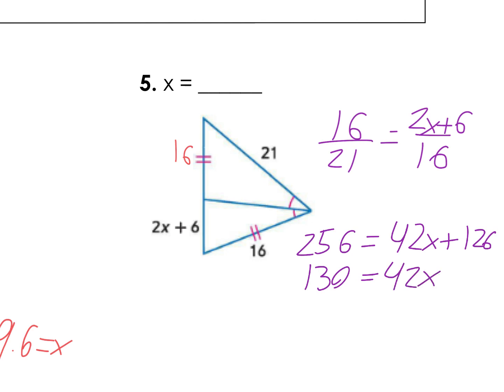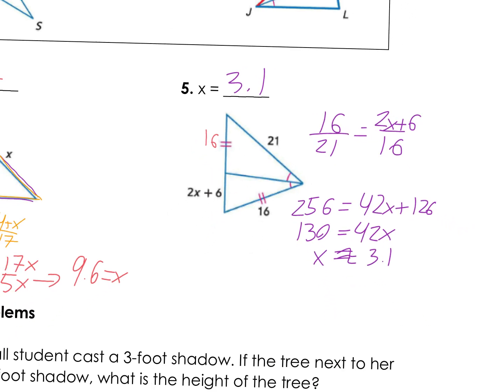Divide both sides by 42. x is going to be approximately 3.1. It comes out to 3.095238 repeating further down the line, but we're going to round that off to 3.1.